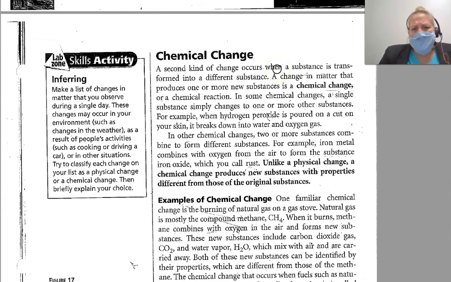Chemical change. A second kind of change occurs when a substance is transformed into a different substance. A change in matter that produces one or more new substances is called a chemical change. So it produces one or more new substances. That's a chemical change or a chemical reaction. In some chemical changes, a single substance simply changes to one or more other substances.